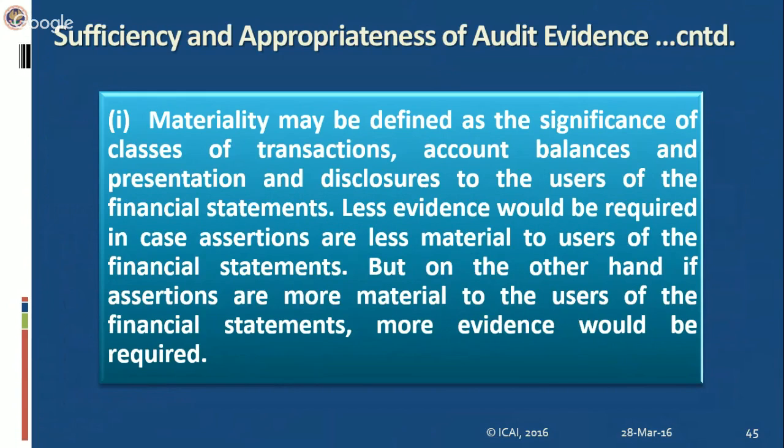Less evidence would be required if assertions are less material to the users of the financial statements, and more evidence if assertions are more material. So it is directly proportional, students. There are three points: class of transactions, account balance, and presentation and disclosure. If you look at the assertions, we study them under three heads: assertions in respect of transactions, account balances, presentation and disclosures.